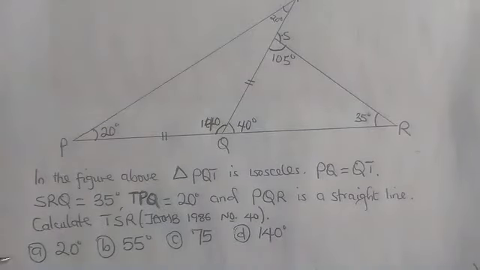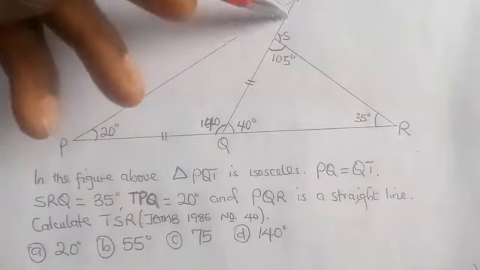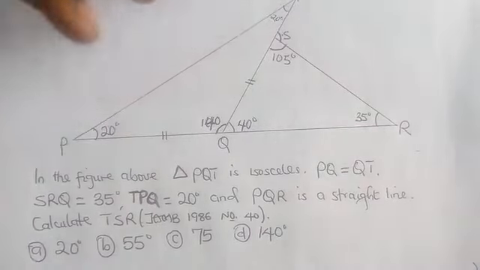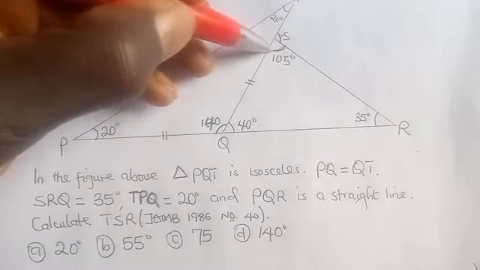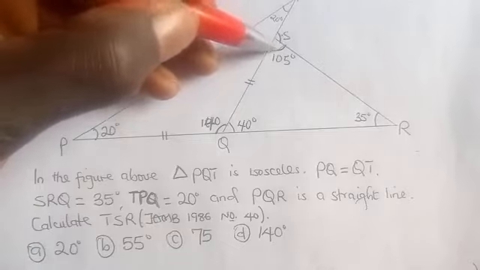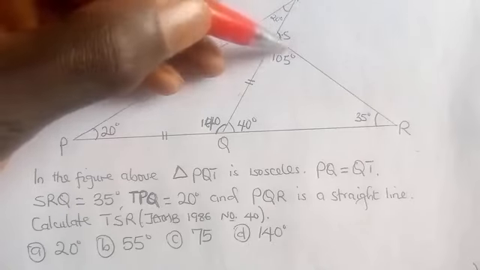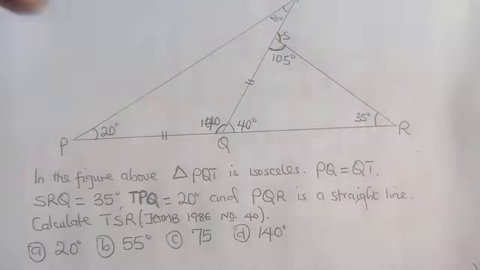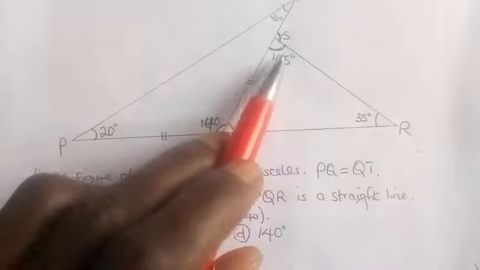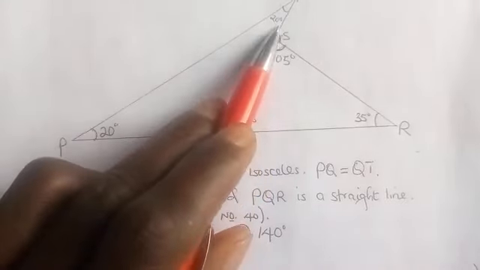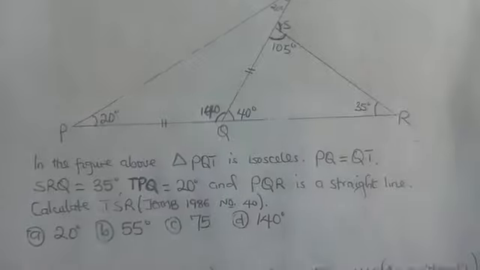Lastly, to calculate angle TSR, which was the question asked, when you look at line TQ, since this is a straight line, QSR plus TSR will give us 180. Since we already know QSR is 105, we subtract it from 180 to get TSR.